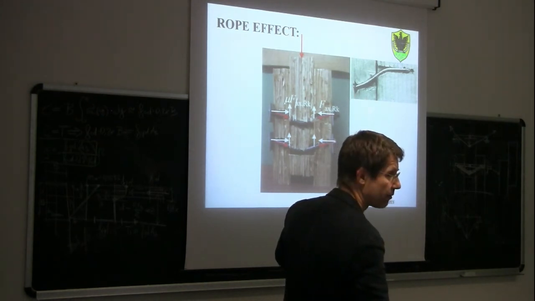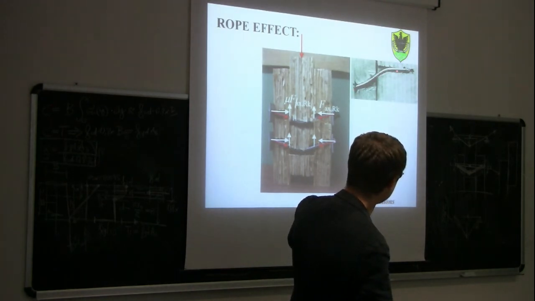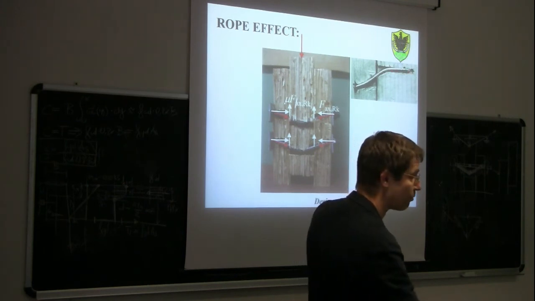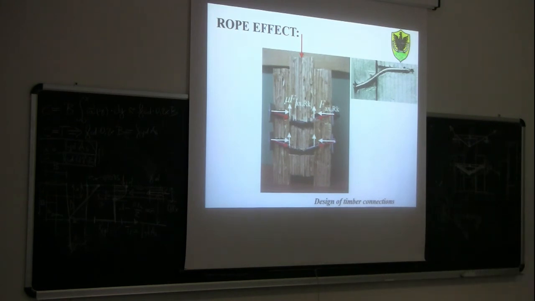You see the head doesn't go inside. But this nail is smooth, and after a little while, this nail will be able to move outwards. And as it moves outwards, immediately we lose all the friction. So smooth nails will not get a lot of this rope effect.